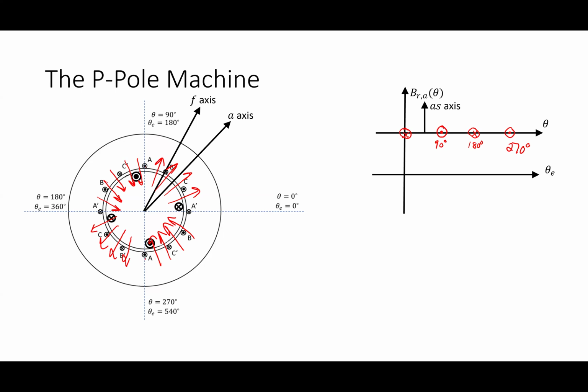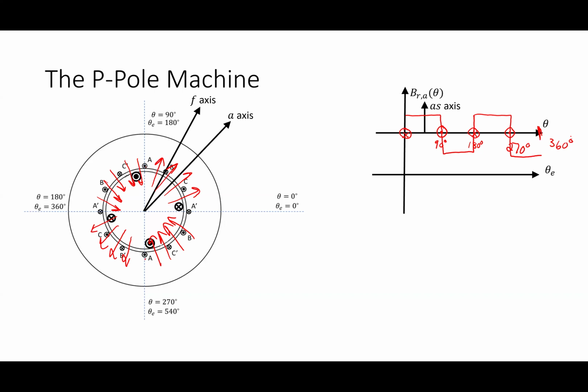So if that's the case, the B field would alternate like that. So here's 360 degrees over here.